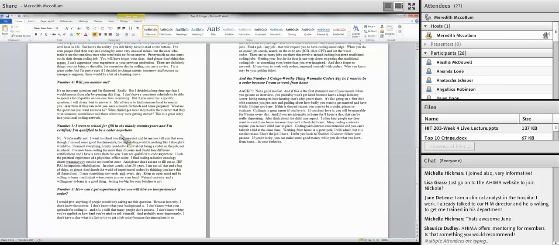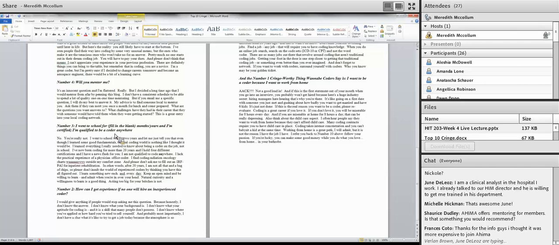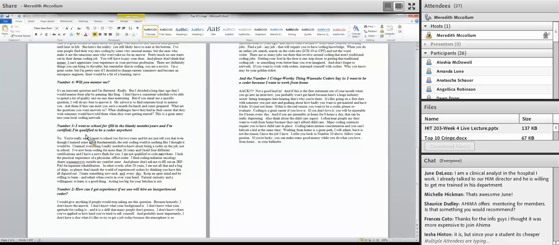You may be qualified to code inpatient, or to code outpatient, or to code inpatient and outpatient, but nobody really has a complete encompassing knowledge of all of the different types of coding.